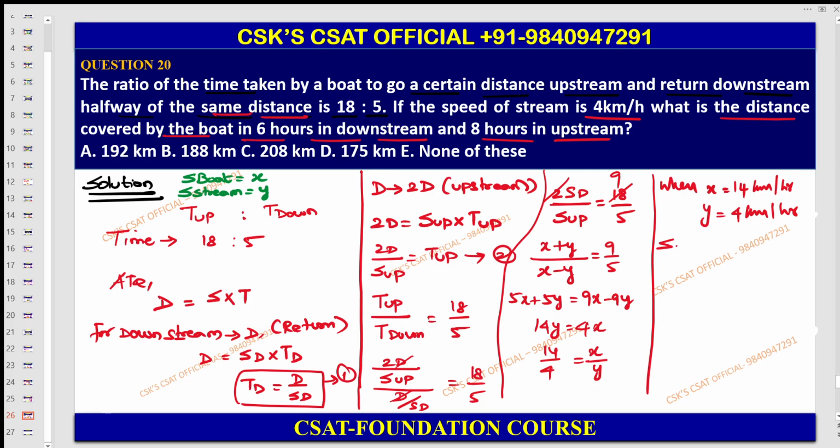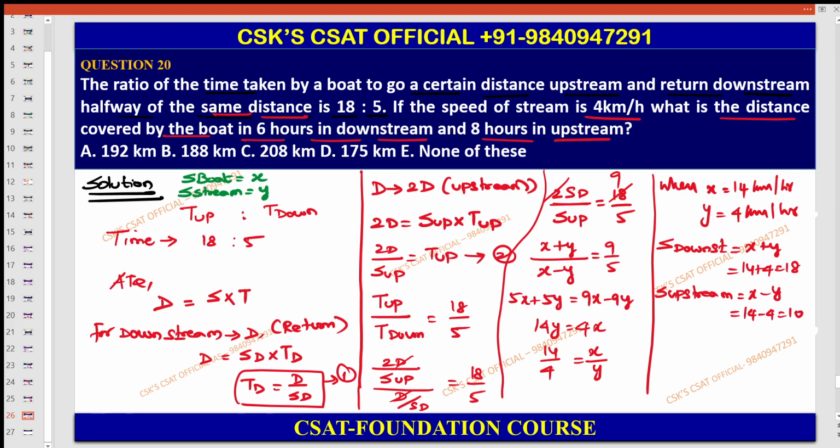The speed of the downstream is equal to x plus y, which is 14 plus 4, equal to 18. The speed of the upstream is equal to what? x minus y. So 14 minus 4, which is equal to 10. After knowing this, we can find out the distance.